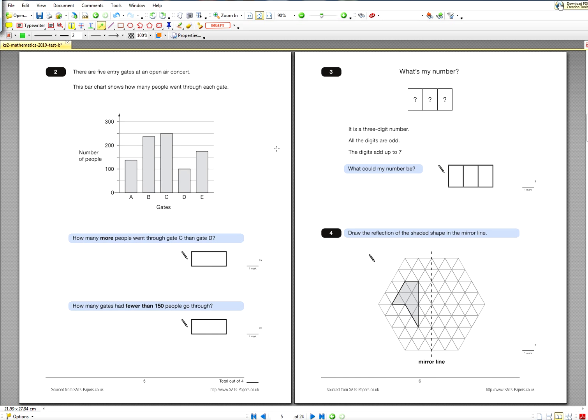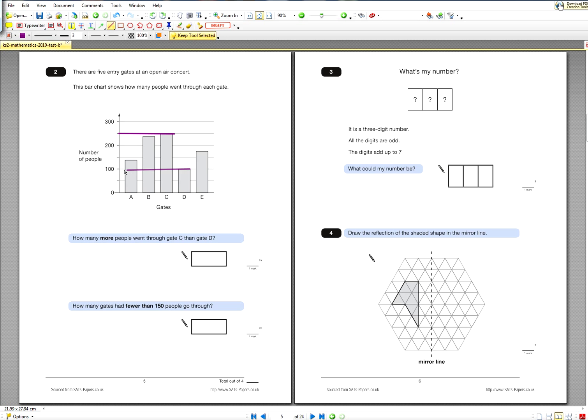There are 5 entry gates at an open air concert. The bar chart shows how many people went through each gate. How many more people went through gate C than gate D? So gate C is over here, and gate D is over here.